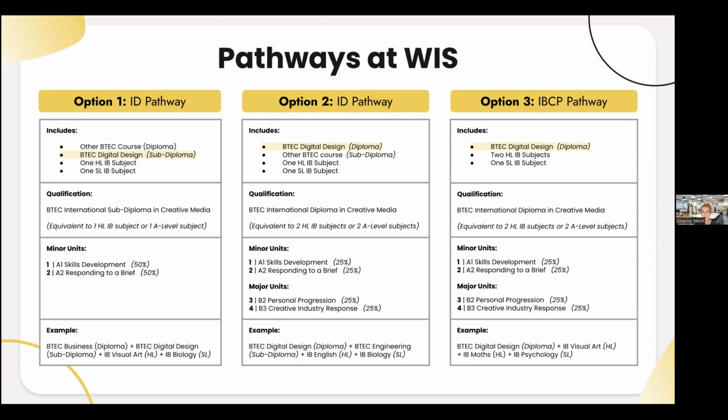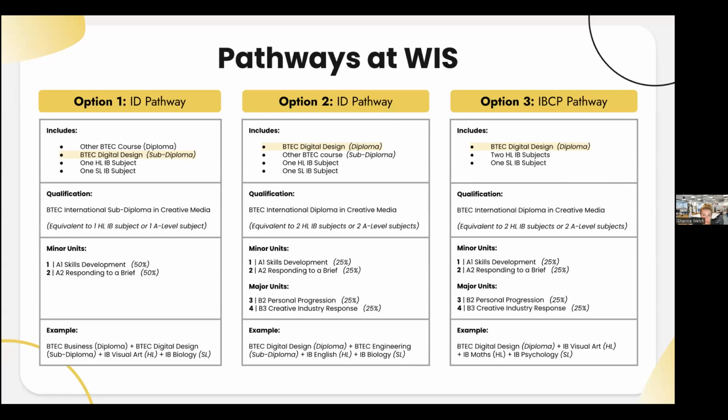And then the final pathway that we have at West Island is IBCP. And this is where students want to have a balance between BTEC and IB. So they do 1 BTEC subject for 4 units if it's BTEC Digital Design, and that BTEC is equivalent to 2 higher level IB or 2 A levels.